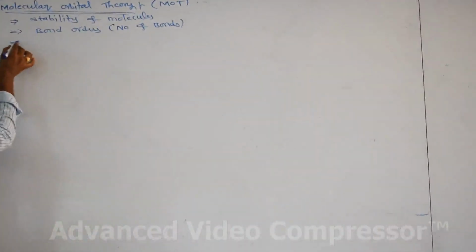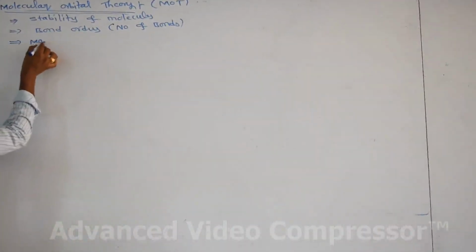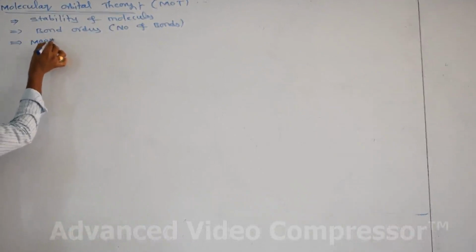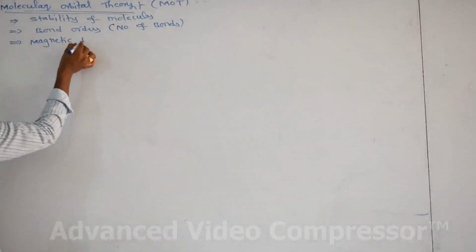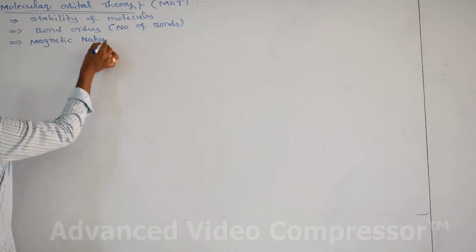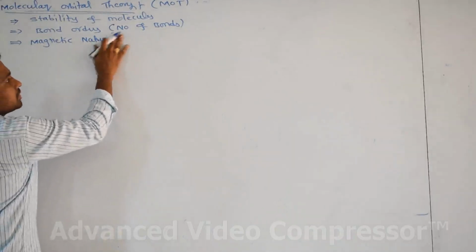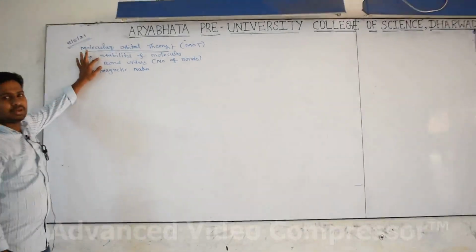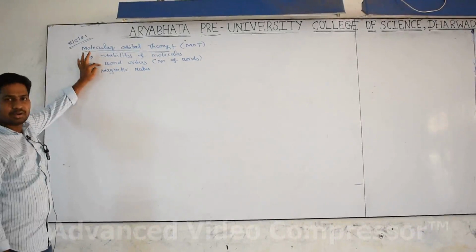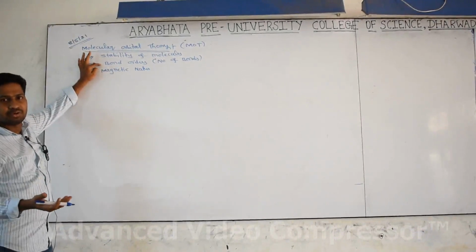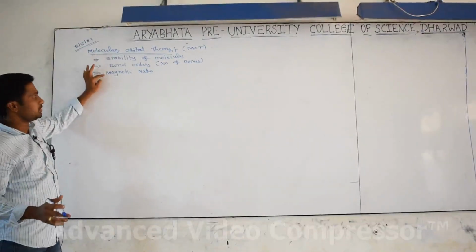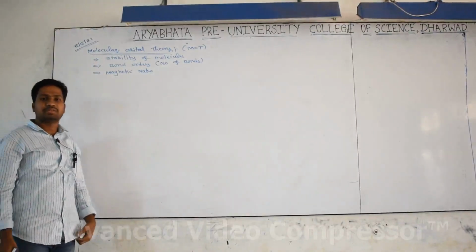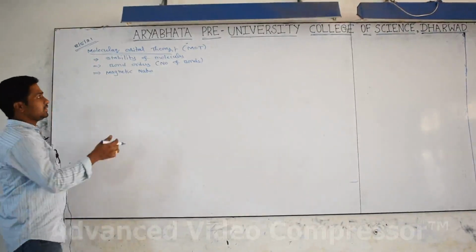And another main reason for the success of this theory is the magnetic nature of substances. So molecular orbital theory successfully explains whether a molecule is stable or unstable, and bond order means whether a double bond, single bond, or no bond is there. And it also successfully explains the magnetic nature.